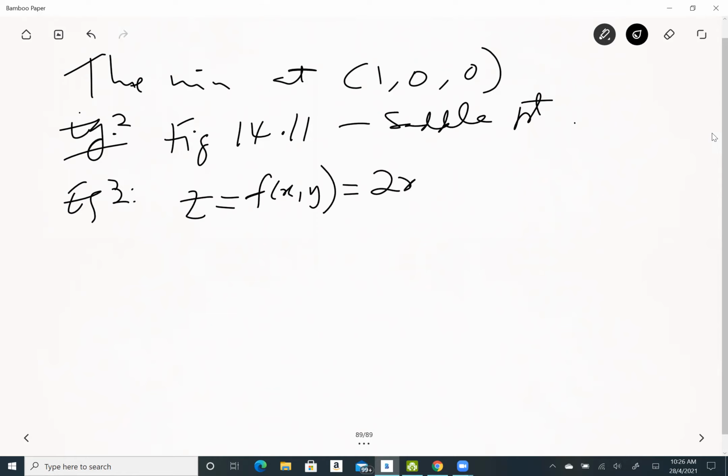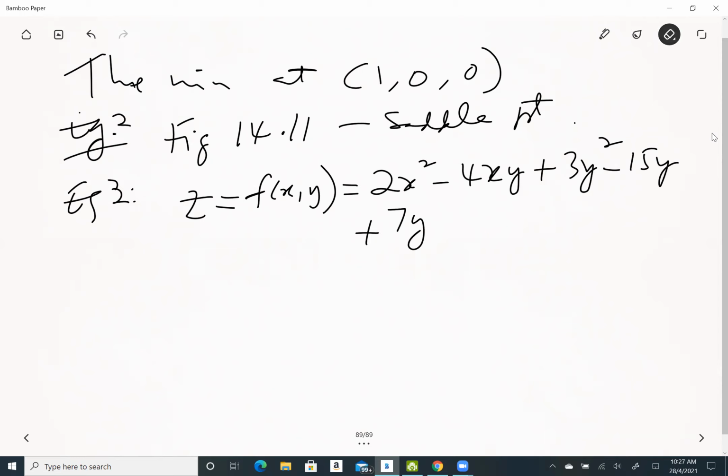equal to 2x squared minus 4xy plus 3y squared minus 15x plus 7y.